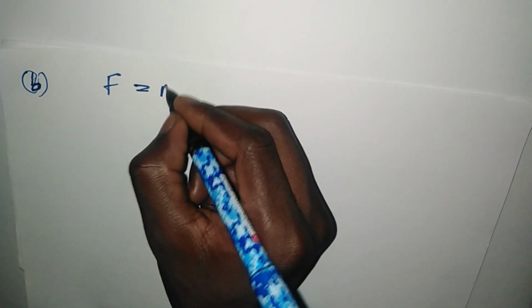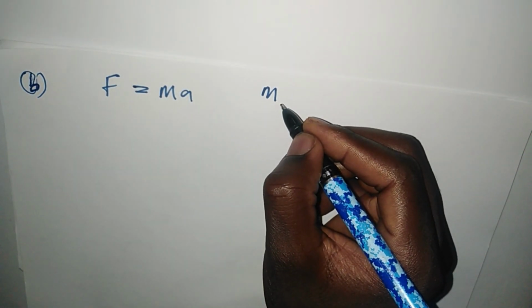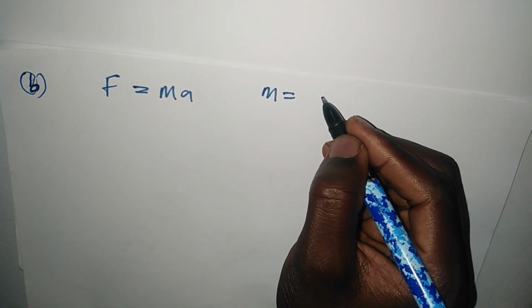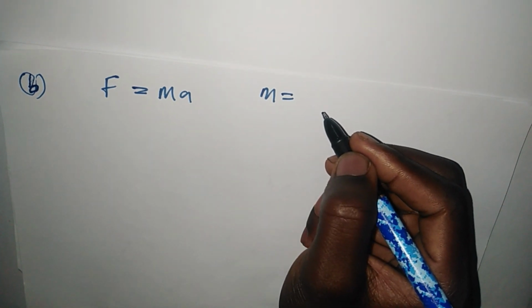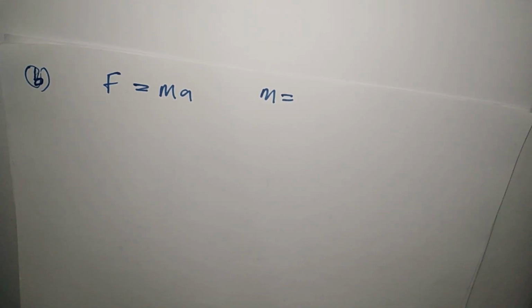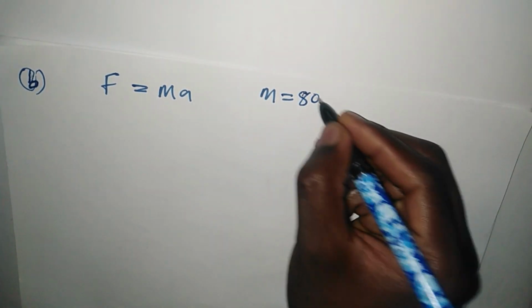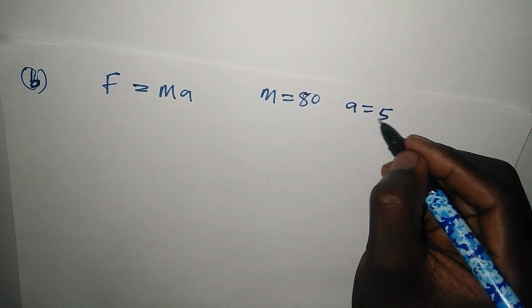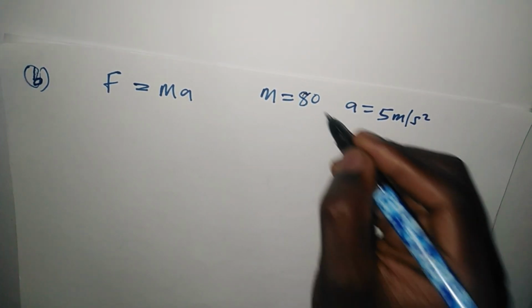B says, what is the net horizontal force acting on the object, right? From Newton's second law, we know force is equal to what? Mass times acceleration. In this case, the mass of the object is 80 kg, and the acceleration a is equal to 5 meters per second squared.